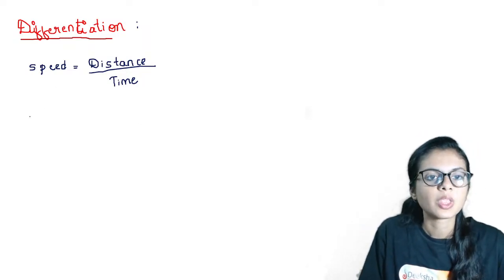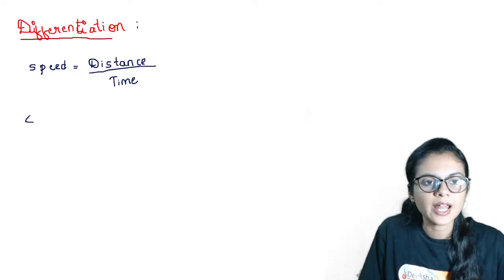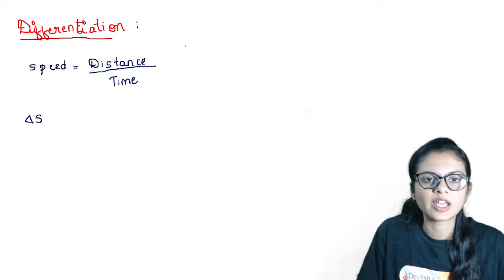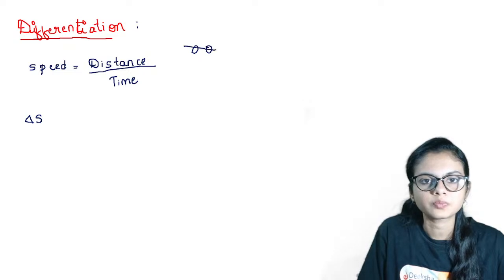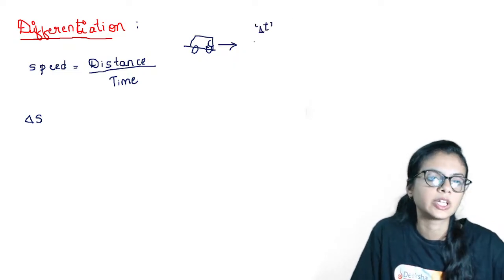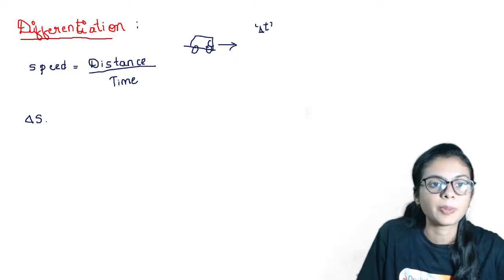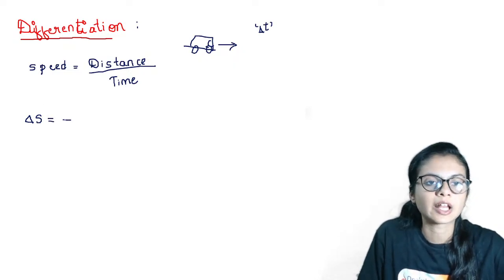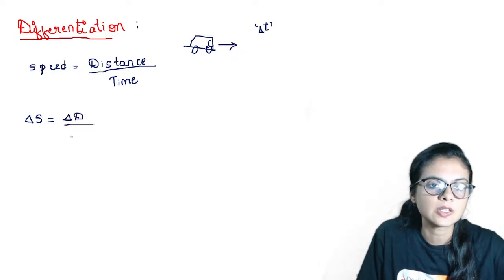Let me just write here. If I want to get a speed at some instant, so the vehicle is moving at some particular small time, let me call it delta t. If I want to get the speed at that point, we'll write the speed as delta d, that is distance, by time.